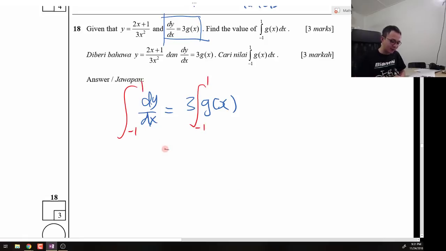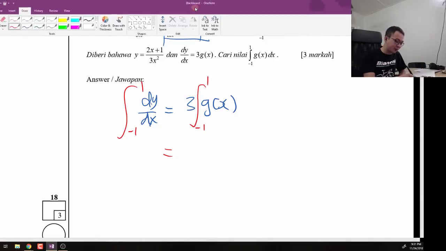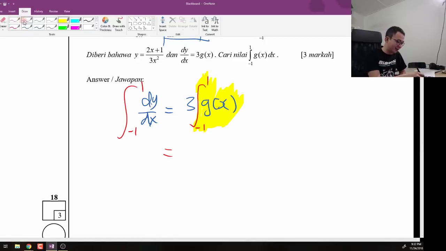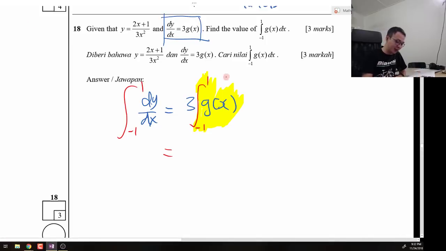Alright, so over here, you should know this whole thing, the highlighted one, is the question. So I will leave this question over here and move the other thing to the other side. 3 moves to the other side, I will get 1 over 3 here.